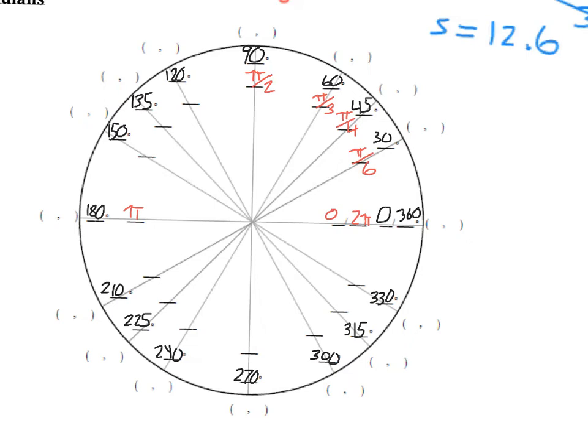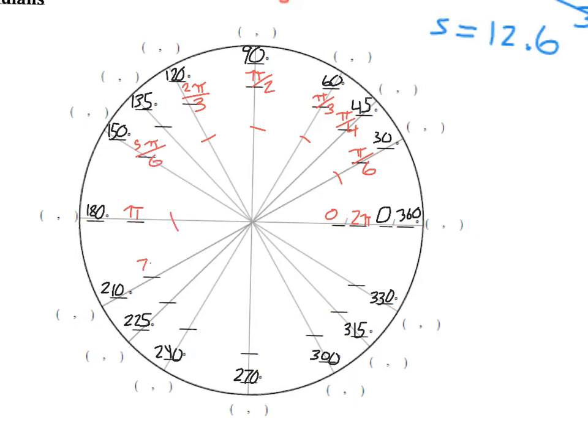So looking at 30 degrees, we know that's pi over 6. So I'm going to count by 30s, but in radians. So follow with me. Pi over 6, 2 pi over 6, reduced. 3 pi over 6 reduced, so then this one has to be 4 pi over 6, but reduced. And this one is 5 pi over 6. This is 6 pi over 6 reduced.